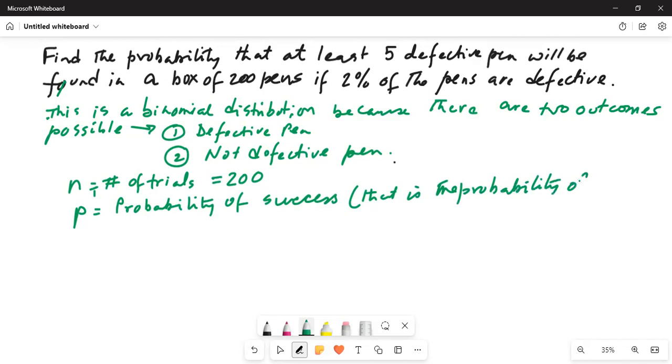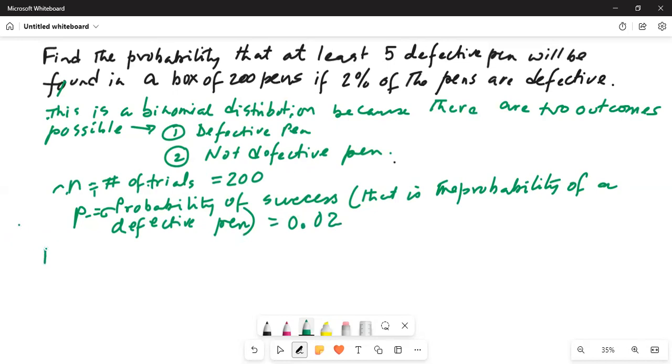Probability of a defective pen is equal to 0.02, because 2% is 0.02.